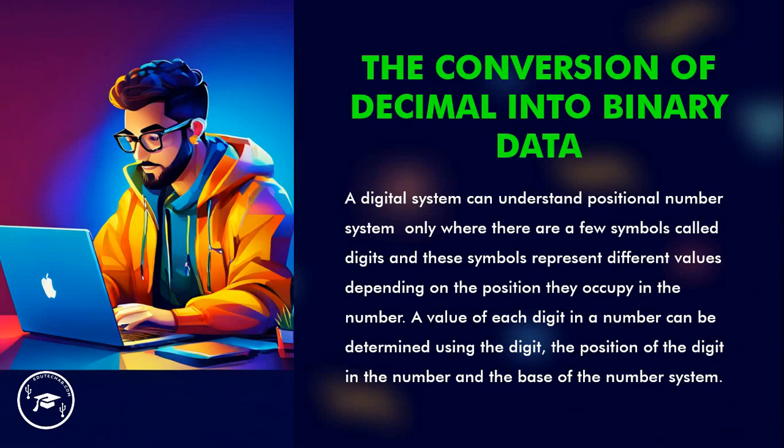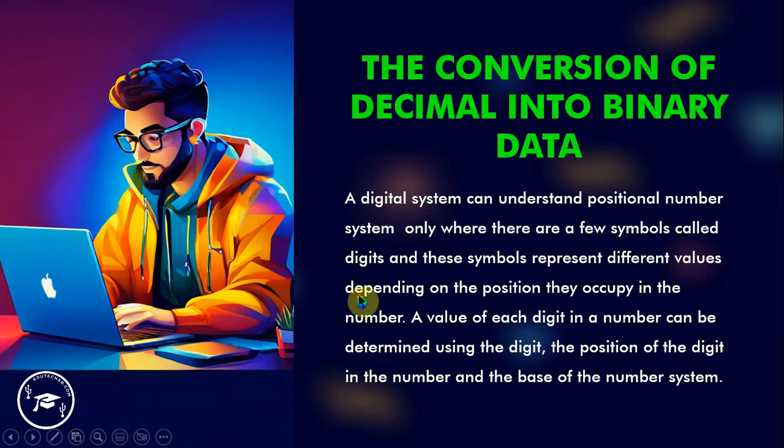In the digital system, position matters because the position of a digit determines what it stands for. So the value of each digit in a number can be determined using the digit, the position of the digit in the number, and the base of the number system.